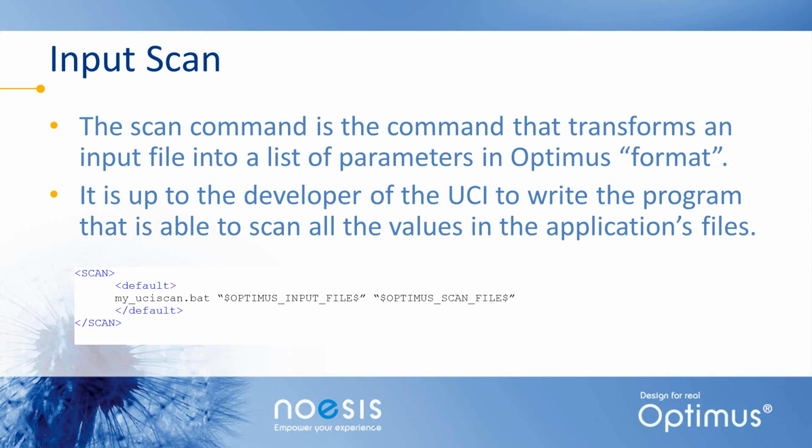So the scan command transforms the input file, that is the standard input file or database, let's say, it can be a database of our external program, into a list of parameters that are in an Optimus format.